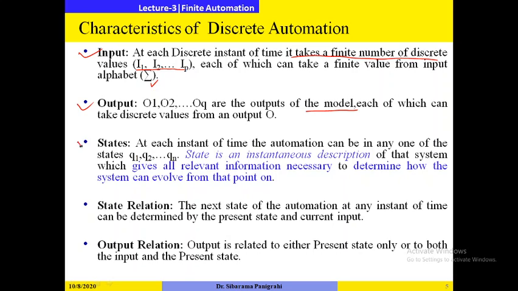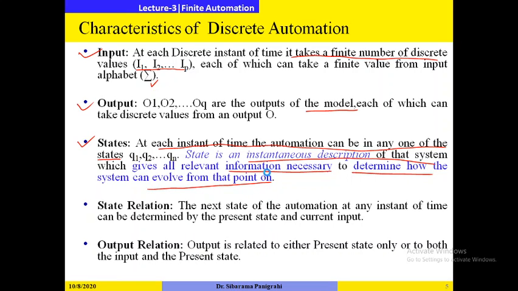Next, a discrete automaton must have some states. At each instant of time, the automaton can be in any one of the states, as I have shown you in the previous example. So the states are Q1 to Qn, where n should be greater than or equal to 1. A state is an instantaneous description of the system which gives all relevant information necessary to determine how the system can evolve from that point on.